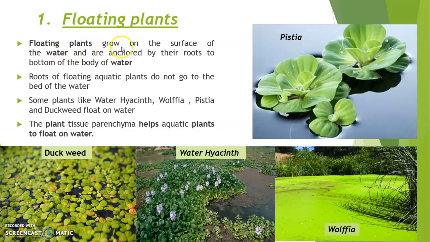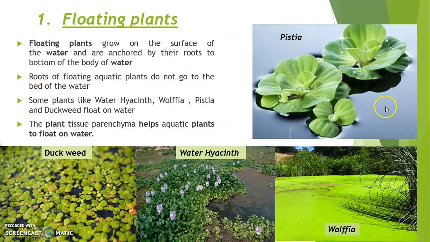So the floating plants grow on the surface of the water. These are the leaves of the plants, and their roots are down below, going inside the water, but they are not attached to the bed of the water.